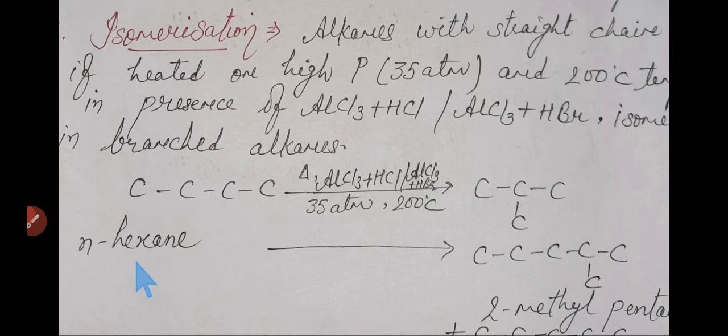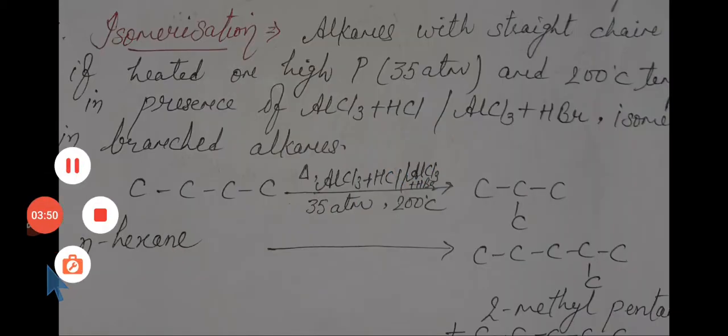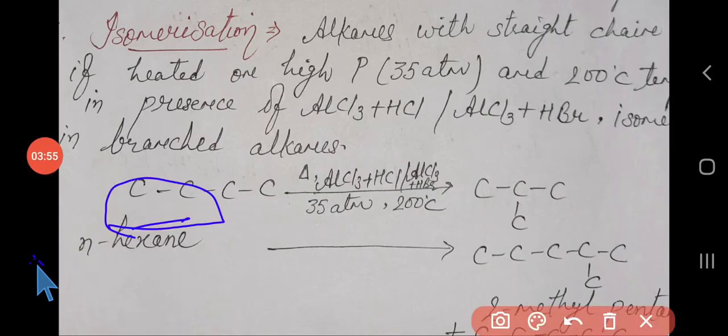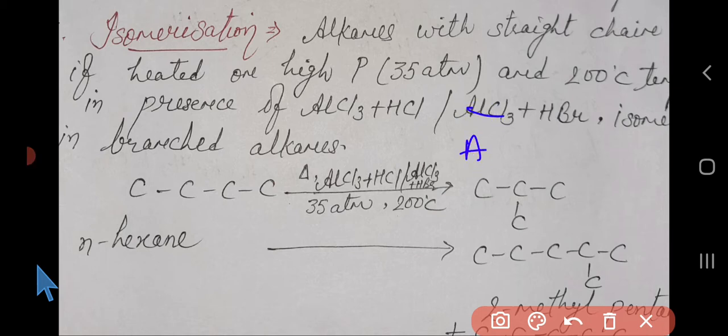Alkanes consisting of a straight chain structure, if heated at high pressure, 35 atmospheric pressure, and 200 degrees Celsius temperature, in presence of AlCl3-HCl or AlBr3-HBr. We have to make a correction here: this is actually AlBr3-HBr mixture.